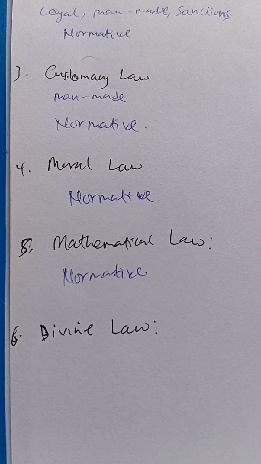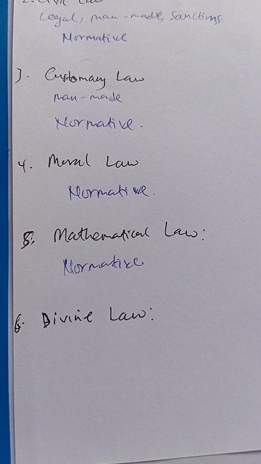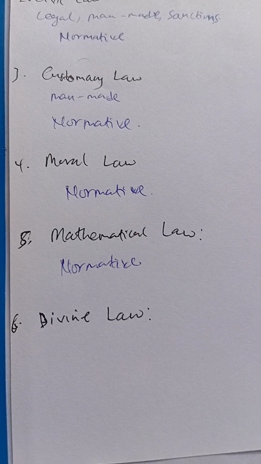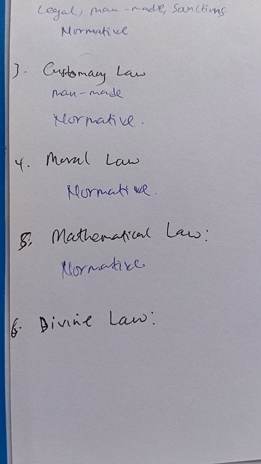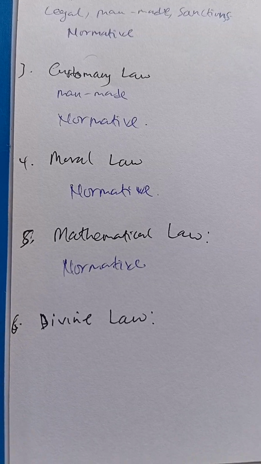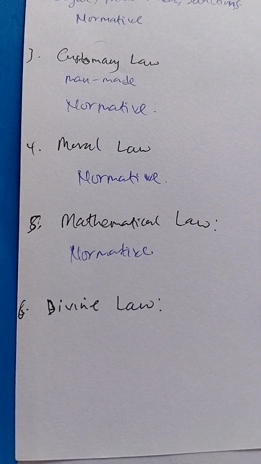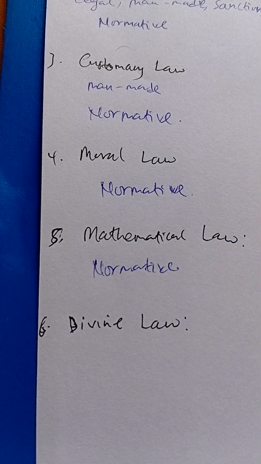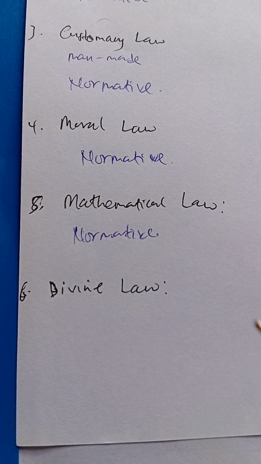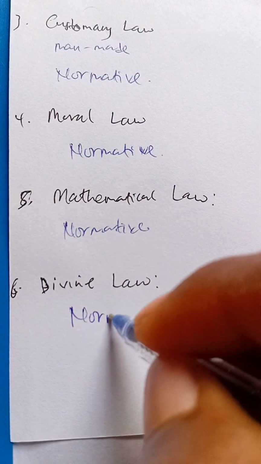They apply to the practitioners of the religion. For example, the Ten Commandments of Christians, the five pillars of Islam for Muslims. And since all of them are also prescribing, telling us what to do and what not to do, we say they are also normative.